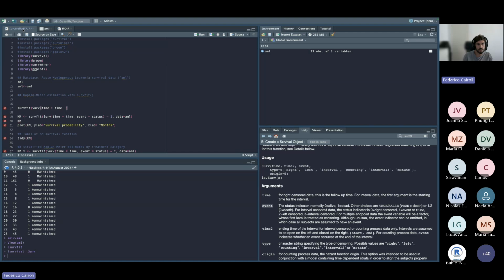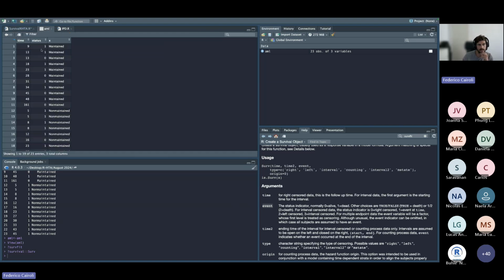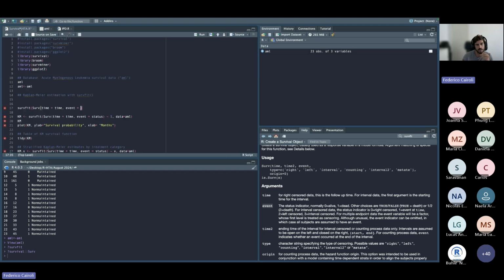Then we put comma. The second argument is event, so we put event, and equal to, we are going to check that the name of our column that has this specific information is labeled status. So event equal to status.